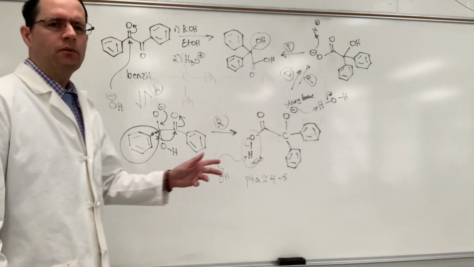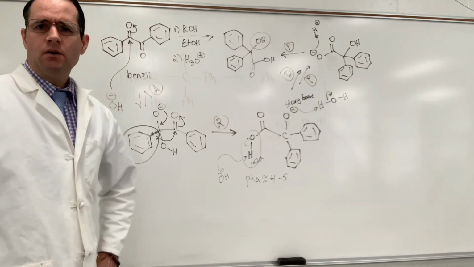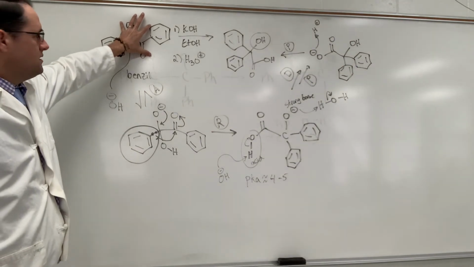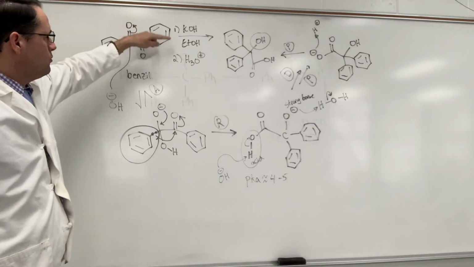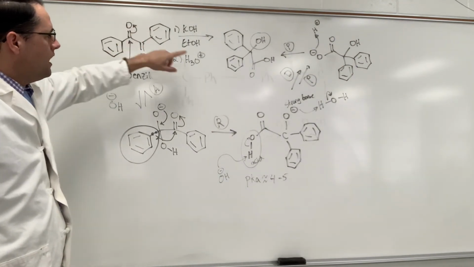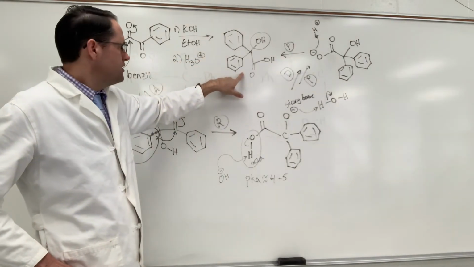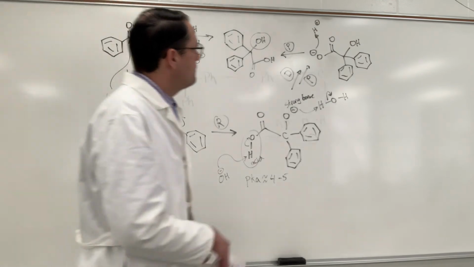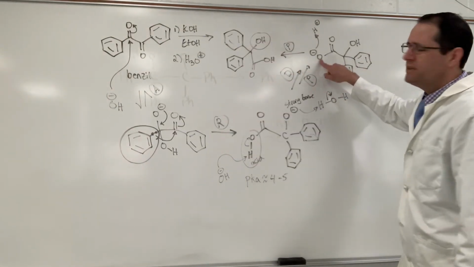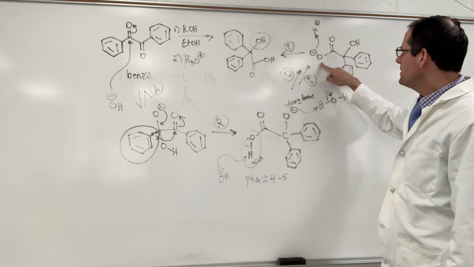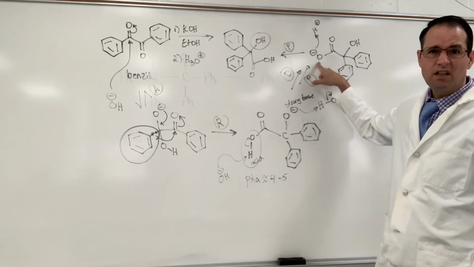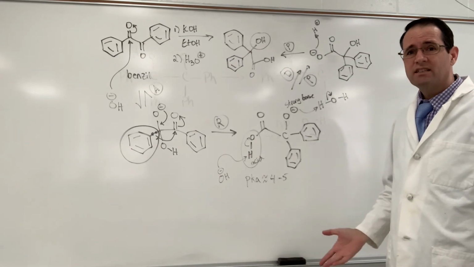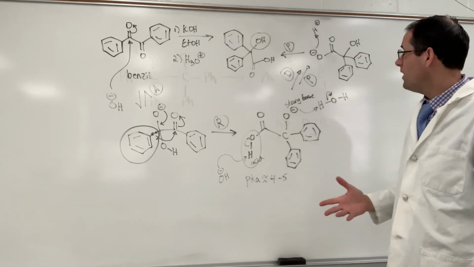So one other thing I wanted to mention here is the water solubility of things, okay? Things that are neutral are not going to be water soluble. So this guy right here has no formal charge, it's neutral. This guy right here has no formal charge, so it also is neutral. Now, anions, because they're ionic, generally speaking, are going to be more water soluble because of the ion-dipole interactions you have with H2O, okay?